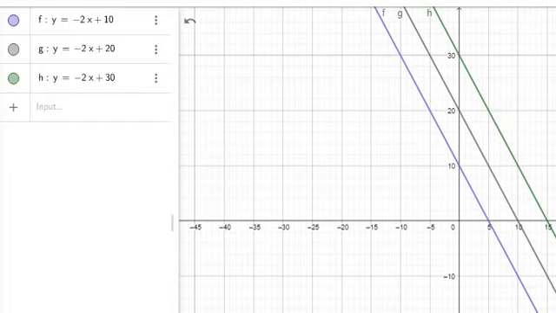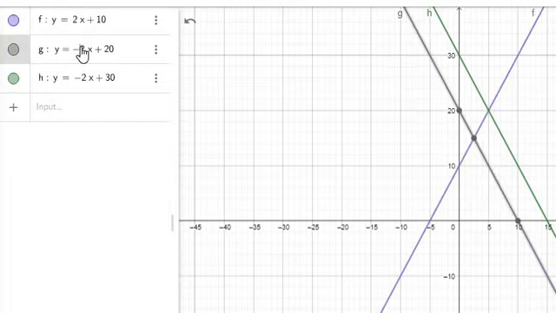So clearly, when the coefficient of the x term is the same in a set of functions or equations, their graphs will be parallel. So parallel lines have the same slope or steepness, or we could also say gradient as another name. I'm going to change all of these to positive and see what happens.